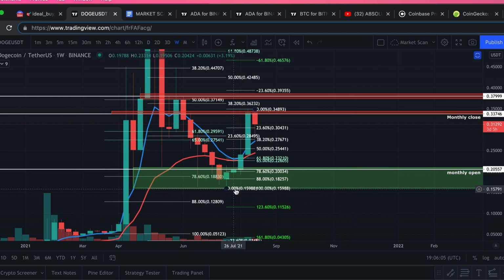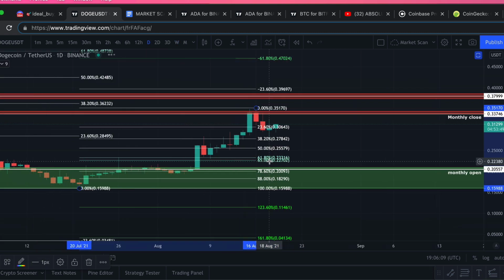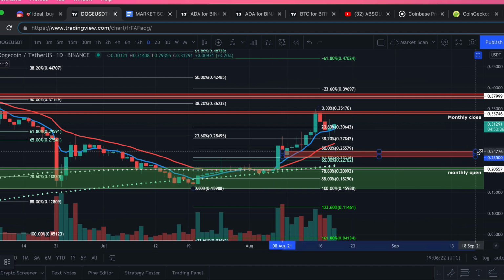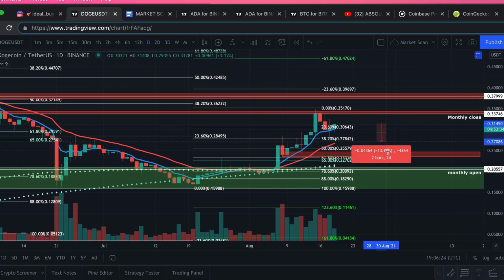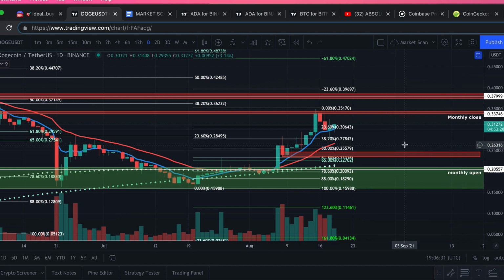So let's say we take the Fibonacci from the bottom to the top. Let's go to the daily to do that. And we get 38.2 there, and then we get the 61.8 there. This area right here is the area that I would love to long if it comes down. A 20% move though, man.